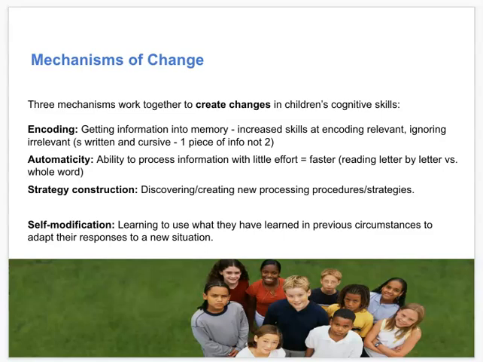And then as they get older, they're going to be able to ignore the fact that one is written and one is cursive because it really doesn't matter. They're both an S, right? So now that's 1 piece of information. So increased skills at encoding important information, that it's just an S, and ignoring the irrelevant: who cares whether it's written or cursive.